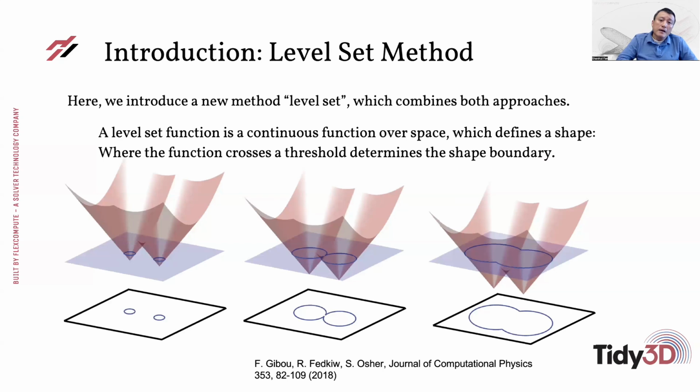So the idea of the level set method is to define just a continuous function over space, and then you use that function to define a shape by choosing a threshold. When the value of the function crosses that threshold, that's the boundary of the shape.